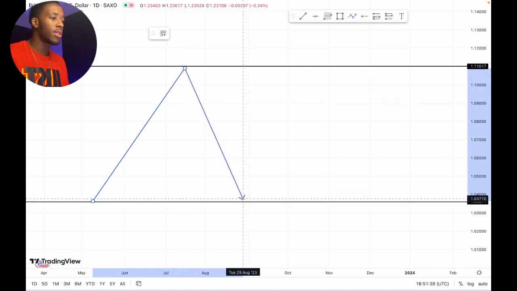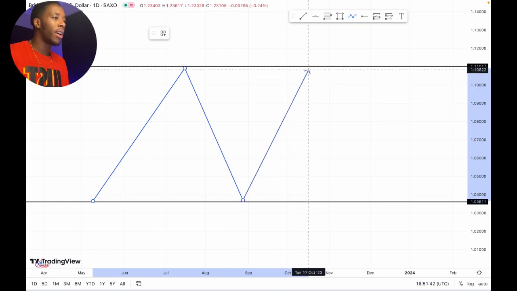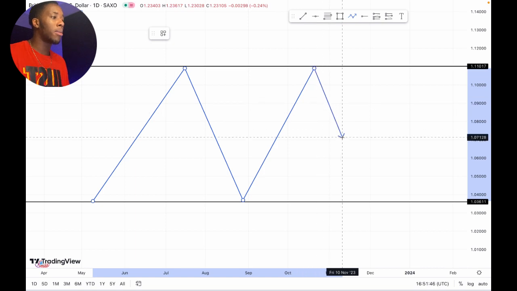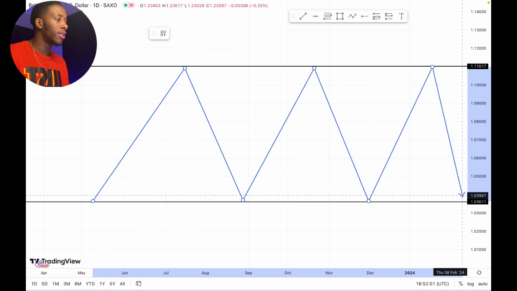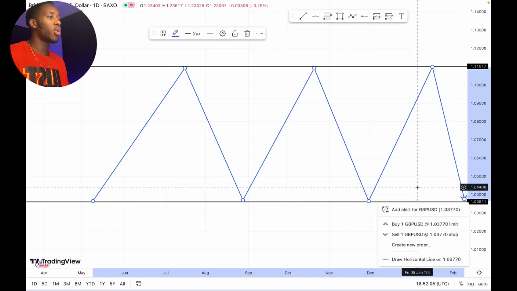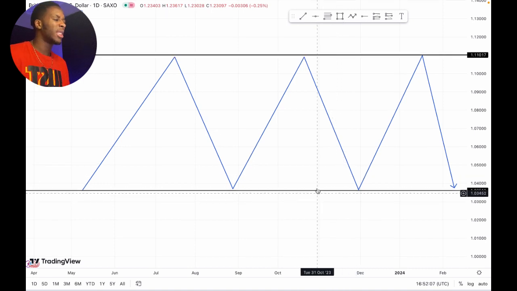Same thing for support. It's a barrier that the market might not be able to penetrate in that period of time, or if the market does penetrate it, it's going to be retested in the form of a resistance level or a support level once more. So what do I mean by that?